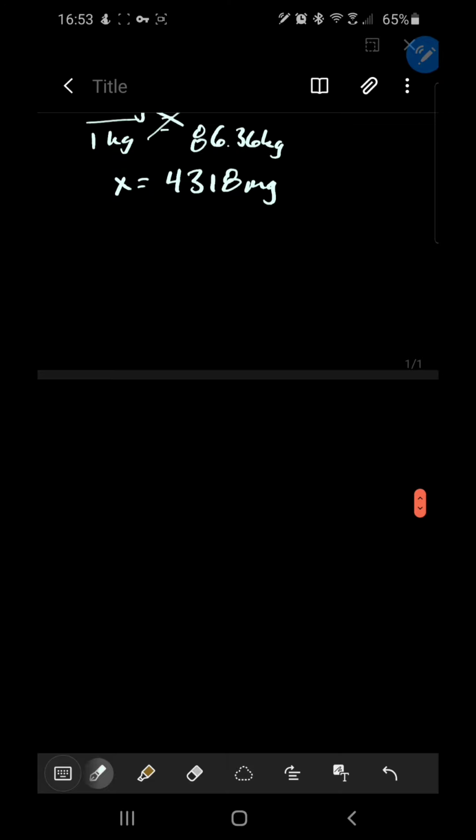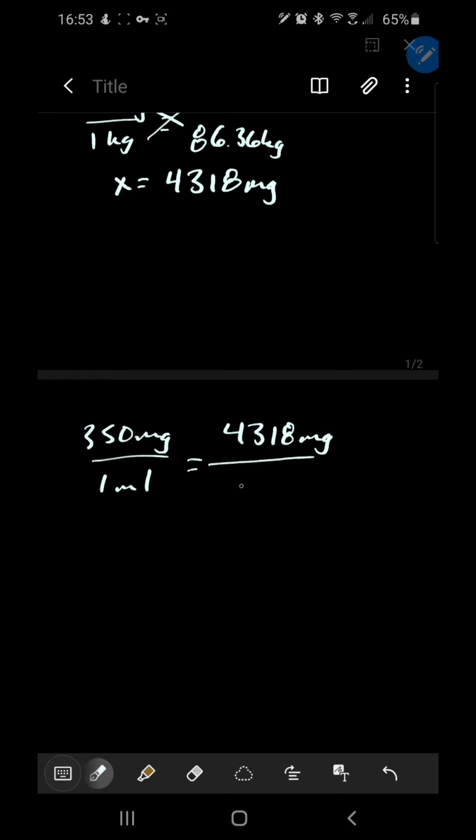So we want to give 4,318 milligrams, and let's say we reconstitute our Rocephin to 350 milligrams per milliliter. Well, I want to give 4,318 milligrams, so how many milliliters am I going to inject into that patient? Again, cross multiply and divide, you end up with 350x, and that is going to be equal to 4,318.